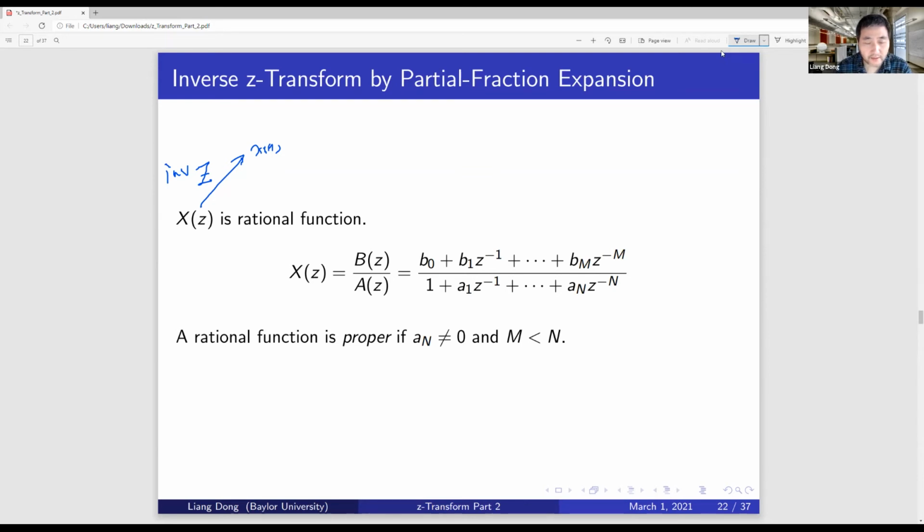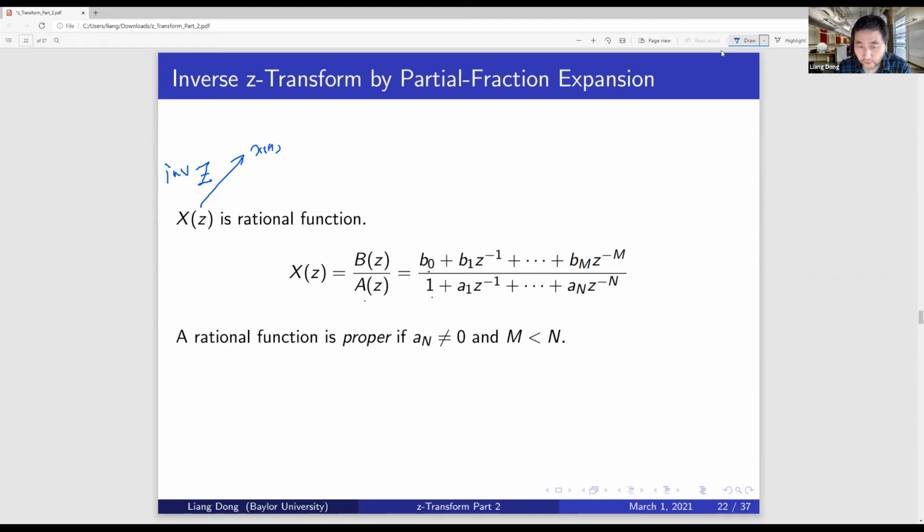If capital X(z) is a rational function, then we have hope to do some smart things like partial fraction expansion. And usually this comes from an LTI system, so it's a rational function anyway. We get B(z) over A(z), where B is a polynomial and A(z) is a polynomial.